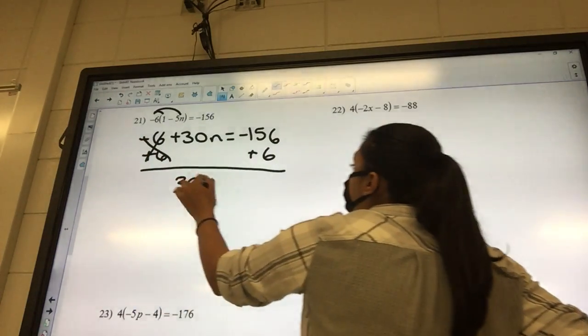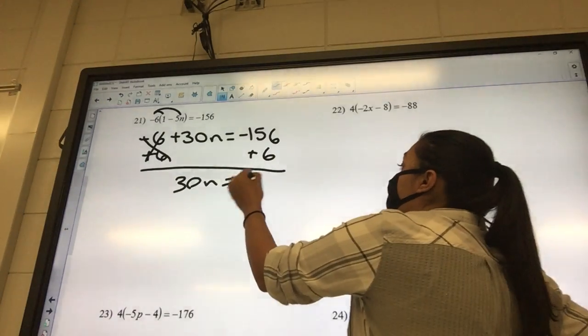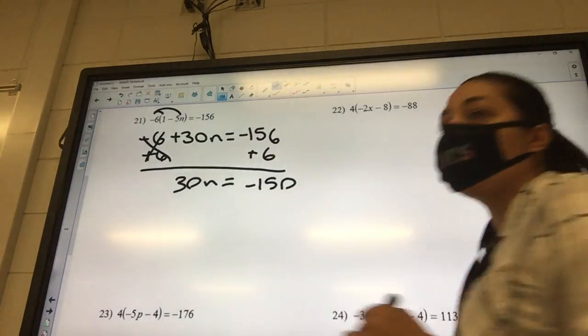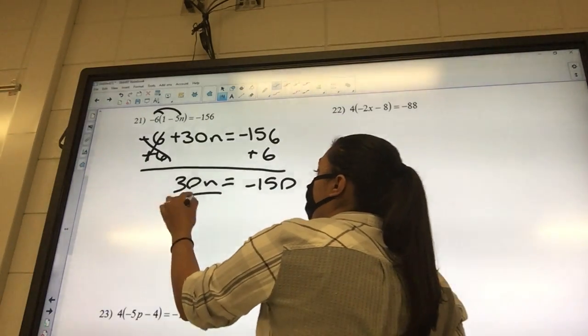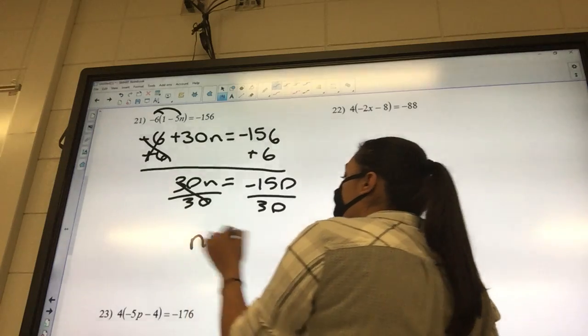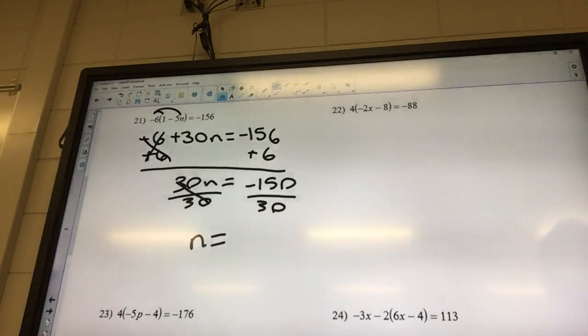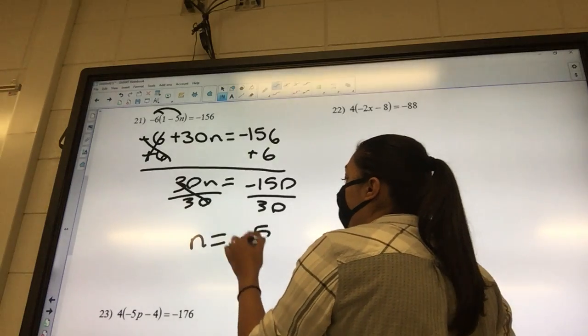So 30n equals negative 150. What's your last step? Divide. n equals what? Negative 5.